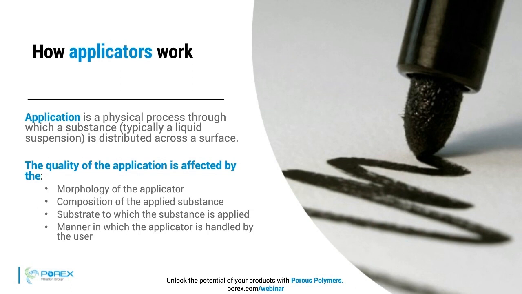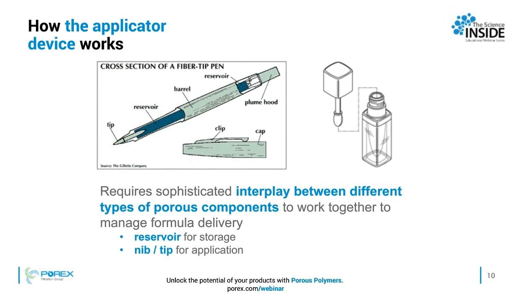So let's look at how an applicator device works. Seemingly basic designs actually require a sophisticated interplay between different types of porous components, including both reservoirs for formula storage and applicators that work together to manage formula delivery to provide the specific user experience desired by the manufacturer.